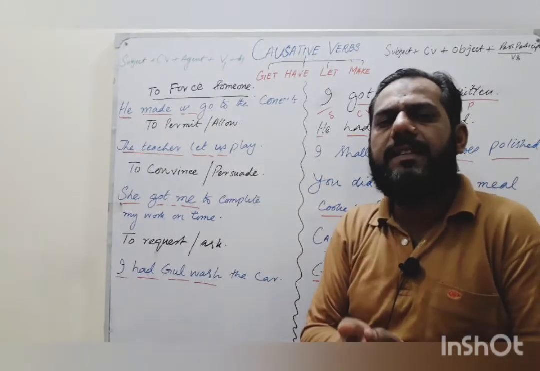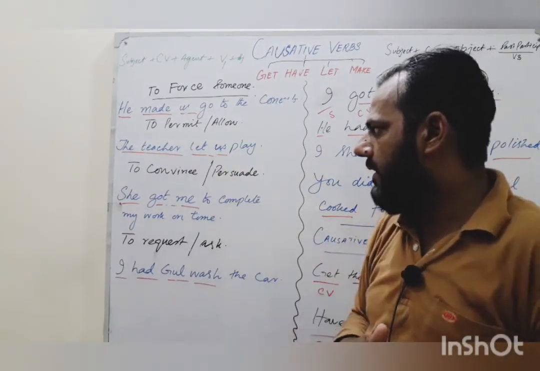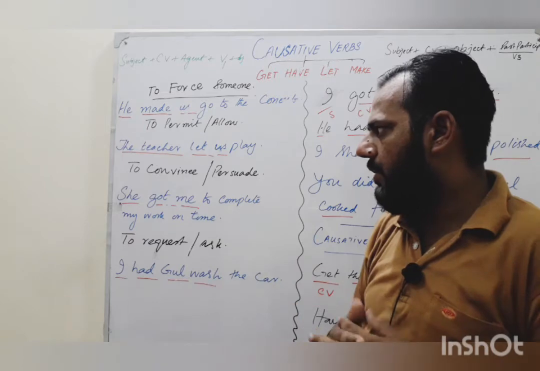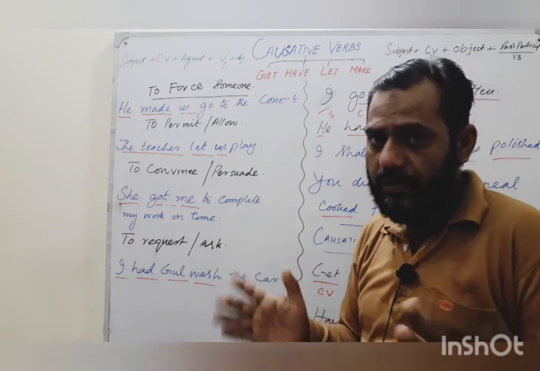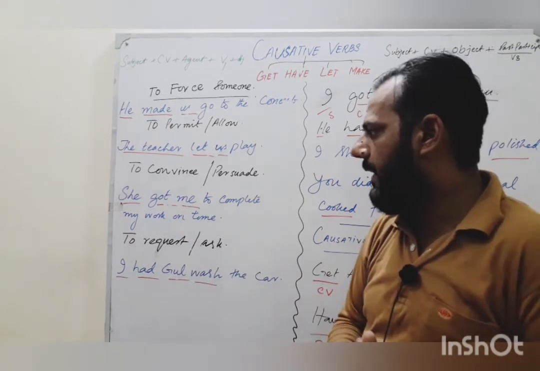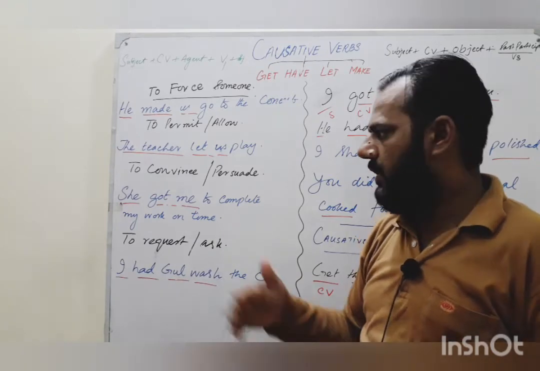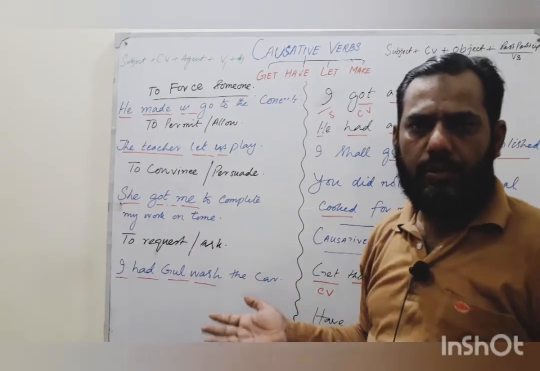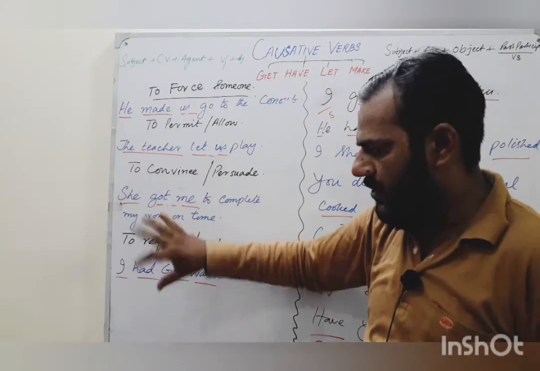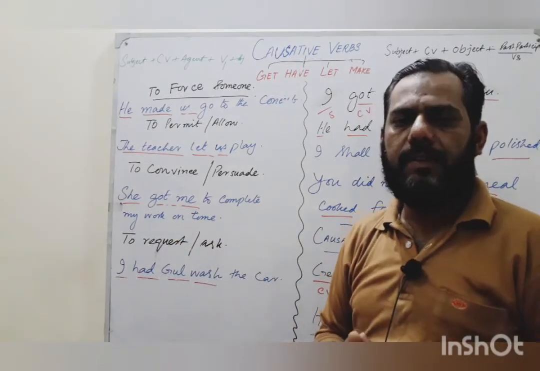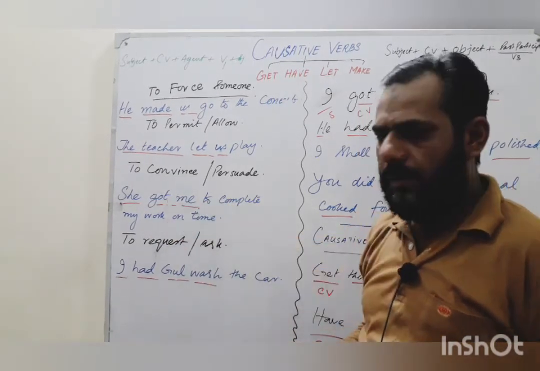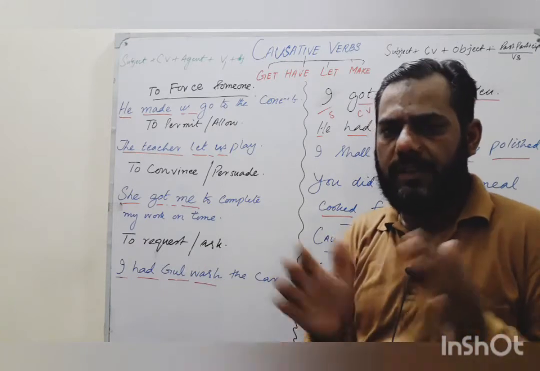It depends on the tenses. Now look: the teacher lets us, the teacher has let us, the teacher will let us play. So it depends on the tense. You can also say, she will get me to complete, she is going to get me to complete. So words can be changed according to the tenses given, but these are the causative verbs. Causative verbs can be changed according to the tense structure.